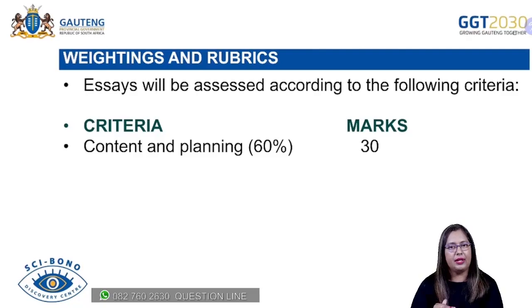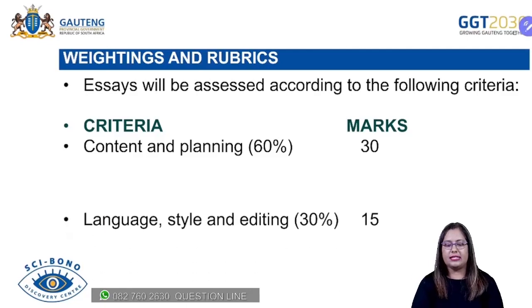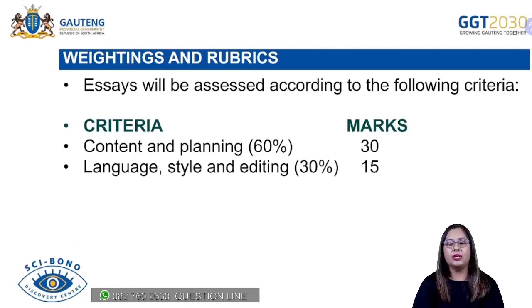So it's very important that the content is clear and it is effectively constructed. Okay? Then you've got the next aspect, which is the language, the style, and the editing part. So here we're looking at, as I mentioned, have you used the words in the correct way? Is the spelling correct? Is the right word used? Okay?